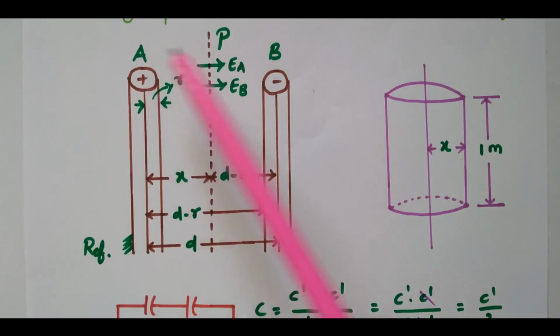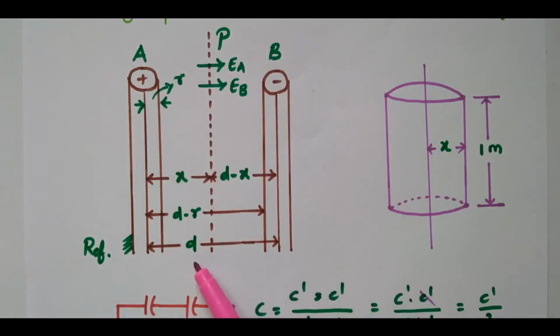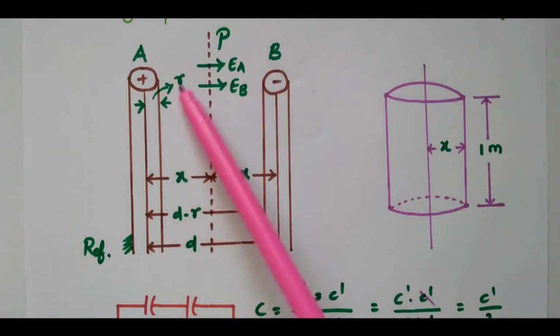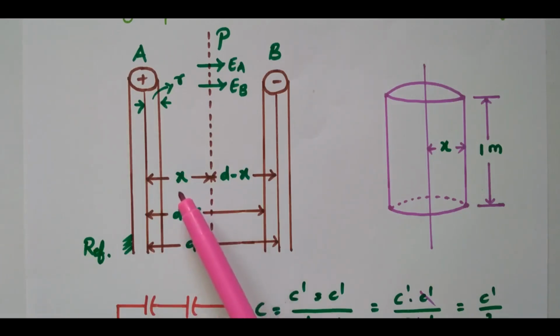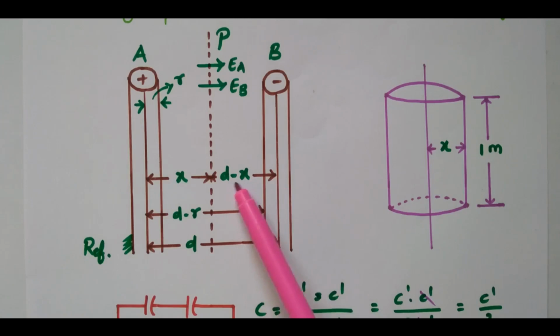So we have conductors A and B, center to center distance is d meter, radius is r meter. Point P is located at a distance x meter from the center of conductor A. The distance between point P and the center of conductor B is d minus x.